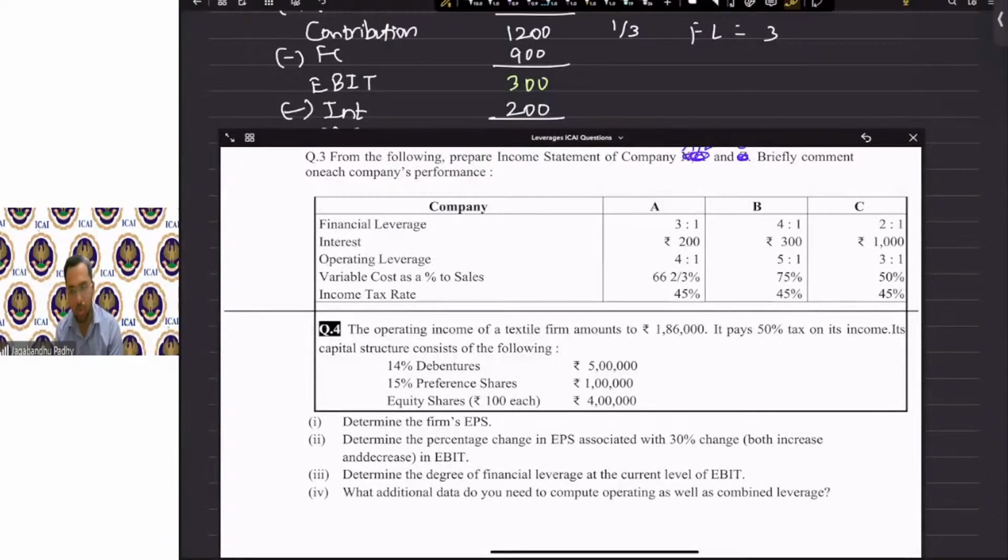How much time would you need to solve both B and C, guys? Tell me, what's the time that you will need for solving both B and C? Is 10 minutes sufficient?